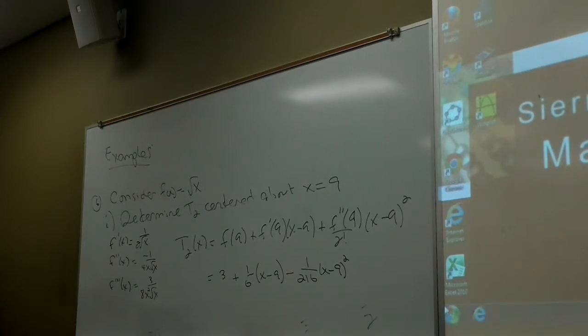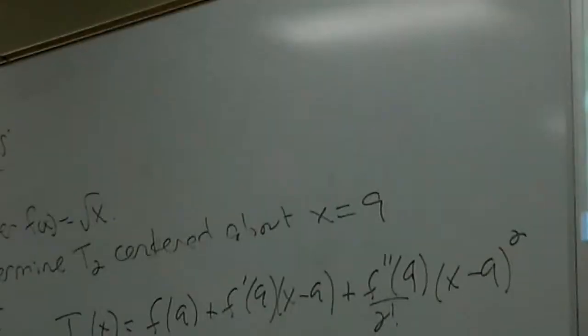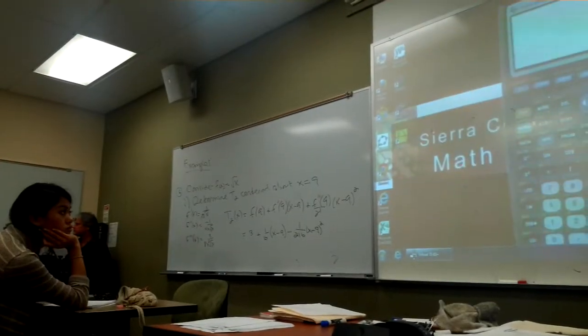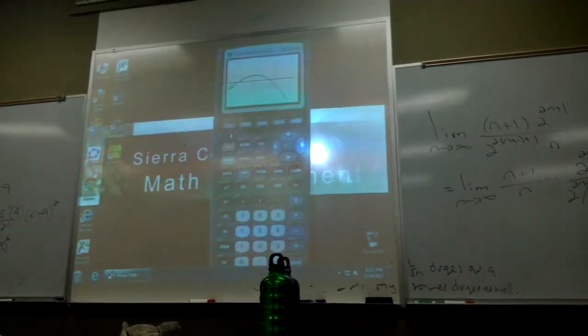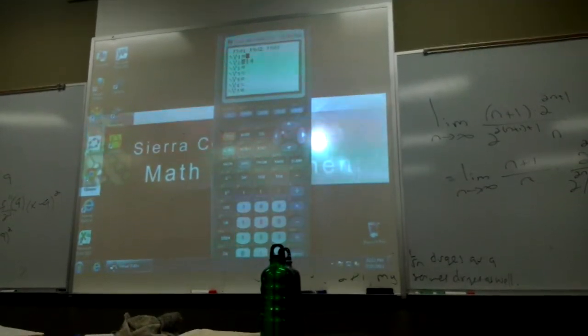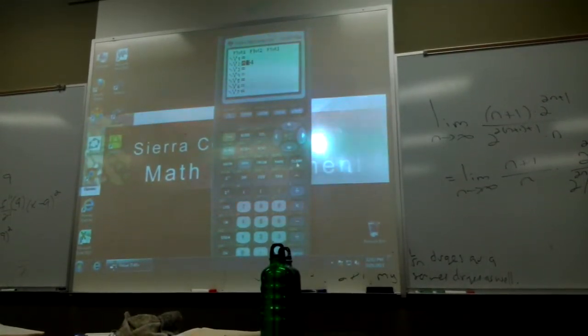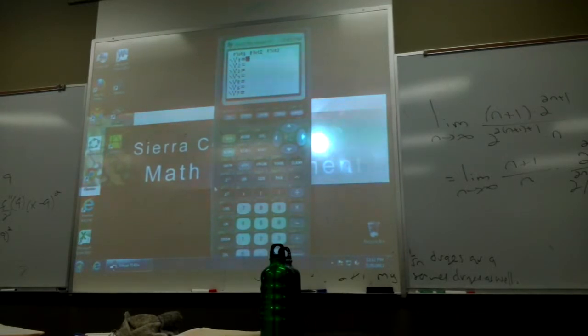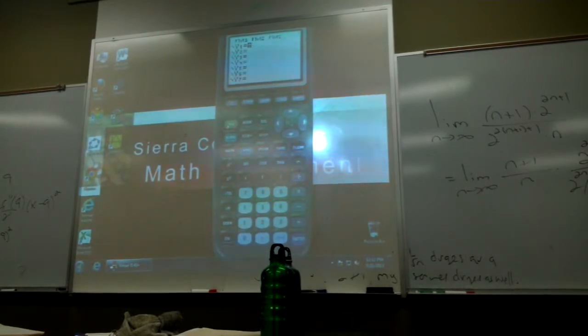And you guys, it is yet again time for you to kick back and relax and let me do the work. Let me graph this function, that is to say, the square root function.